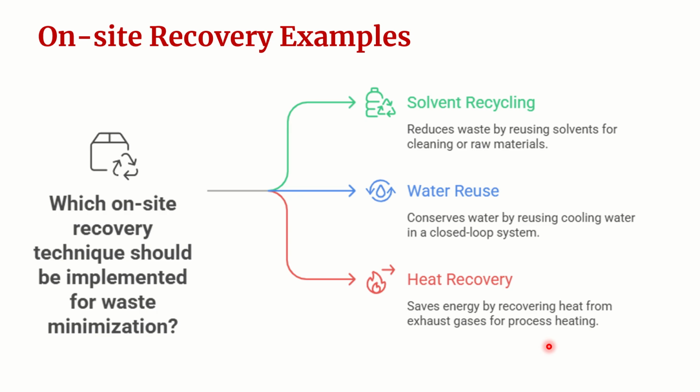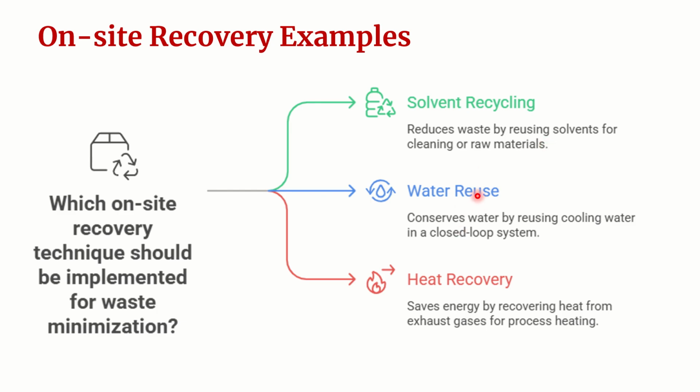So what are the examples which can be taken as on-site recovery? For example, collecting and filtering spent solvents for reuse in cleaning or as a raw material. Then recycling, for example, recycling of cooling water in a closed loop system.